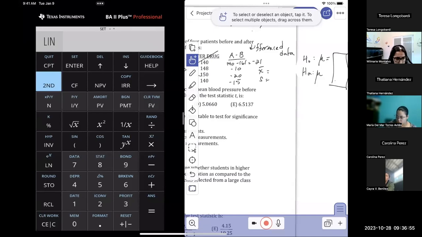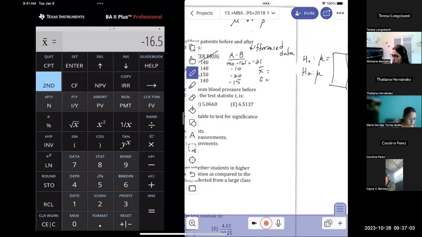And I asked for the mean and the standard deviation. Can you concur my numbers?